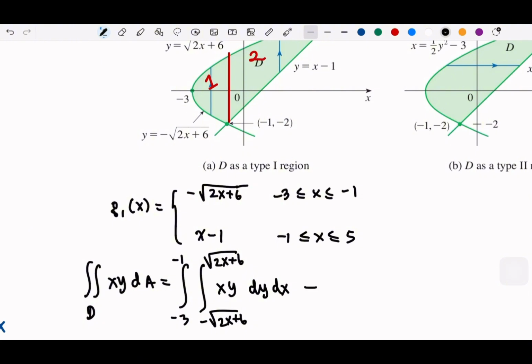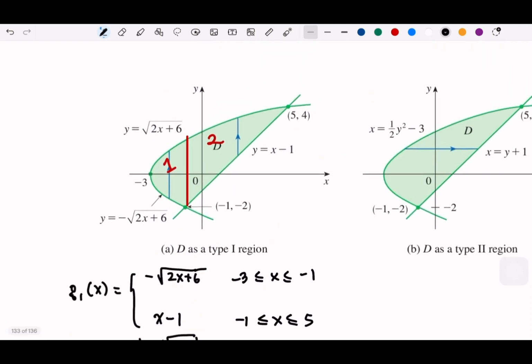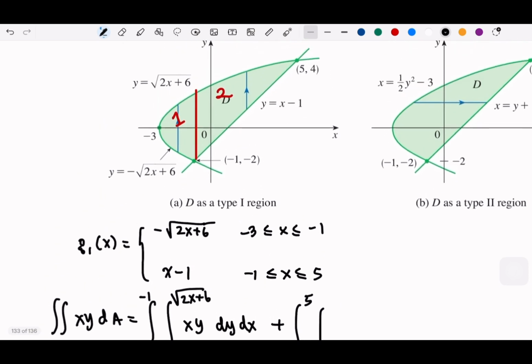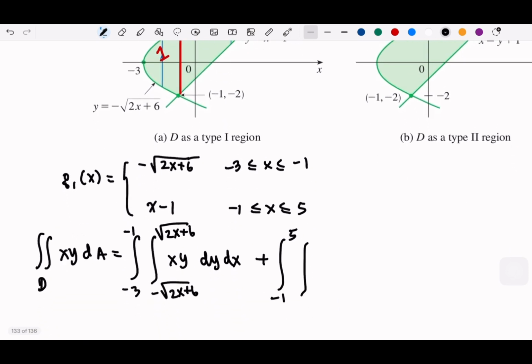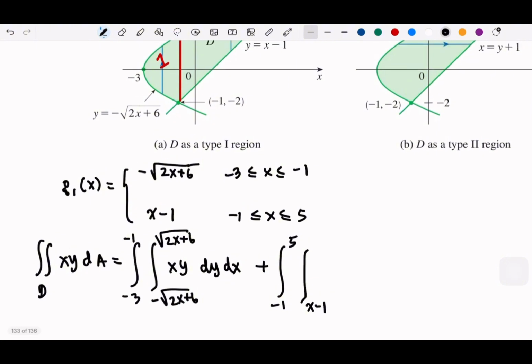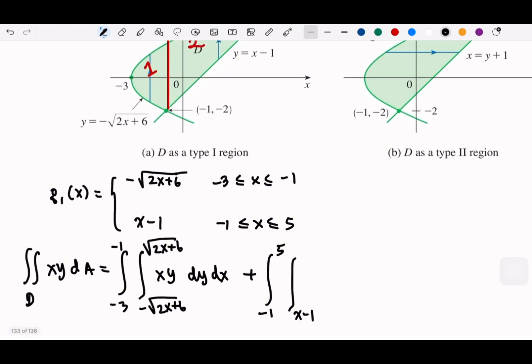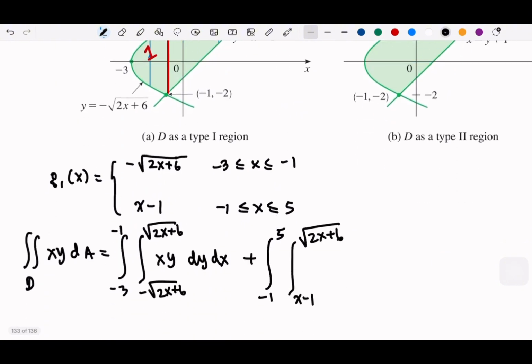The second region goes from negative 1 to 5, with y starting from x minus 1 up to the square root of 2x plus 6, again dy dx.